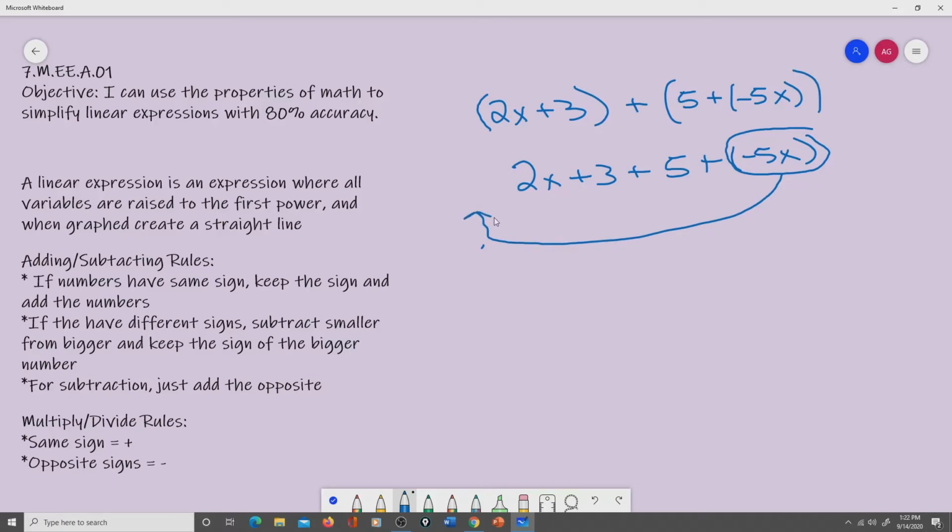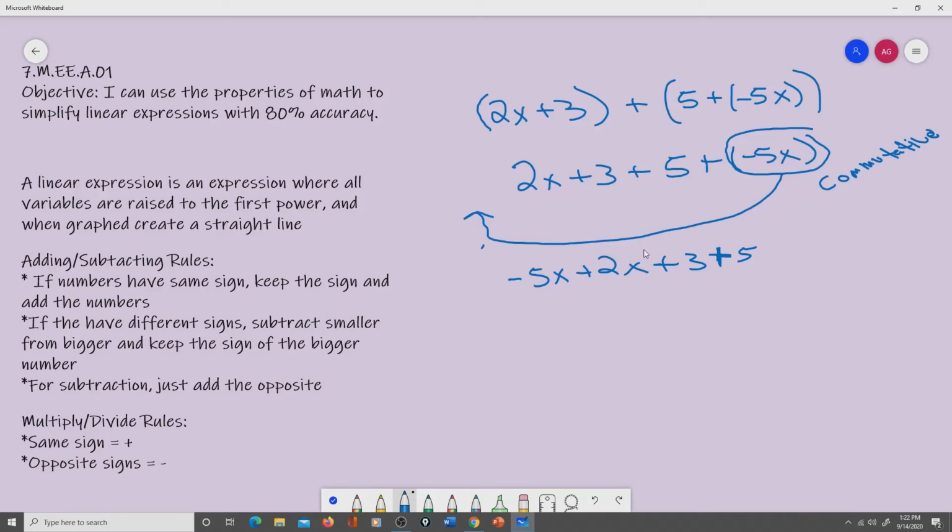And I'm going to move it to the front. Okay? And so what I would get is negative 5x. This is positive, so it's plus 2x plus 3 plus 5. And again, I've just used commutative property because I'm just moving terms around, commuting them.